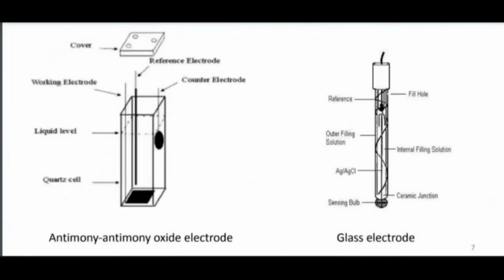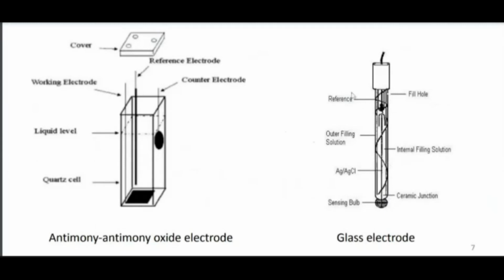Observe this diagram on your right. Let us start from the bottom. There is a sensing bulb. It is in a way a glass membrane, which allows passage of ions. Then there is a ceramic junction between the glass tube and this sensing bulb. Now, in this glass tube, you will observe different arrangements. There is one spiraling wire that is coming down.